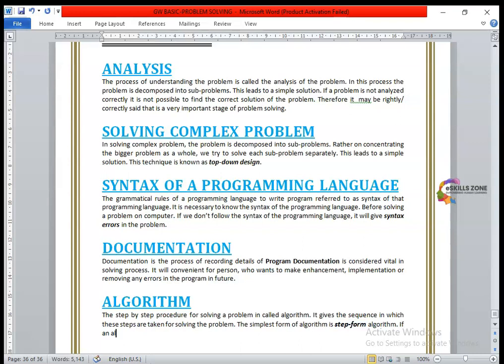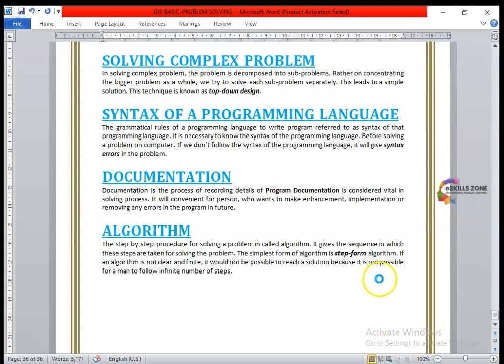If an algorithm is not clear and finite, it would not be possible to reach a solution, because it is not possible for a human being to follow an infinite number of steps.